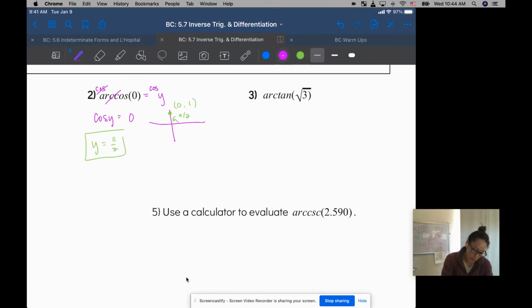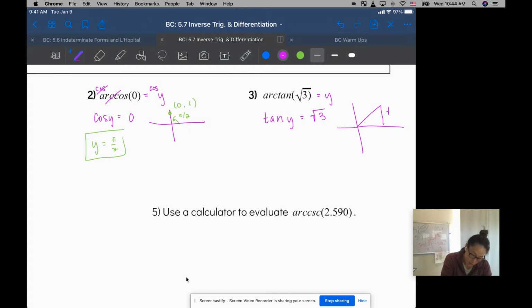All right, arctan. So maybe you don't like taking the tan of both sides. You're just going to say the tangent of y is equal to the square root of 3. So it has to have a root 3, and it's positive.